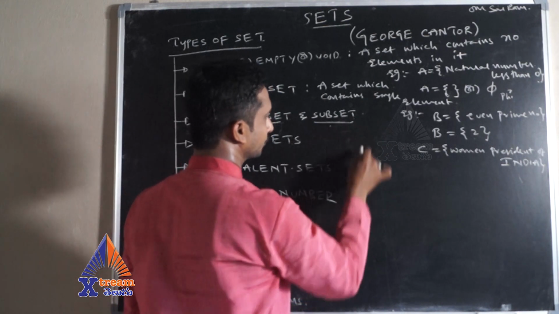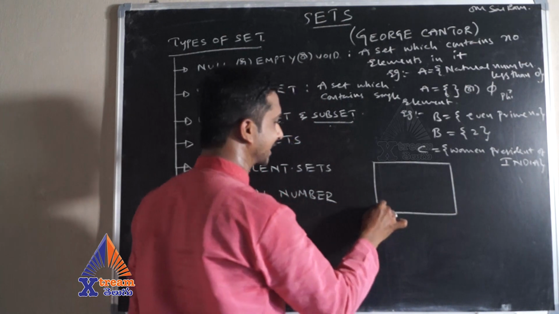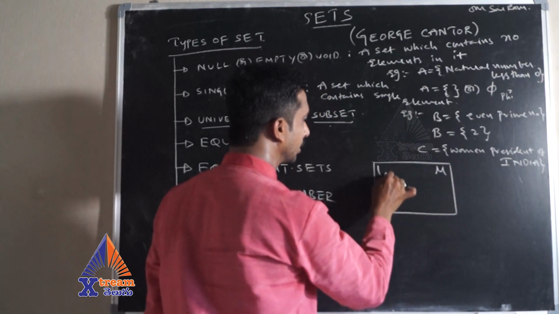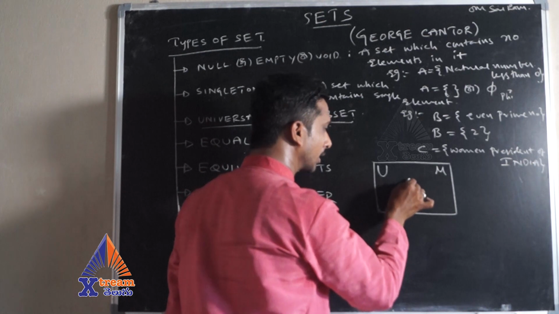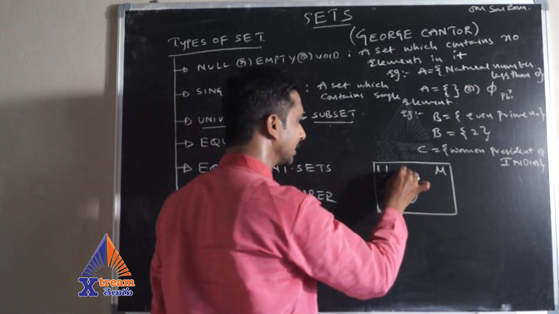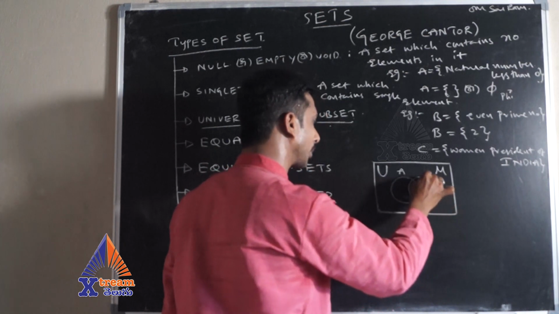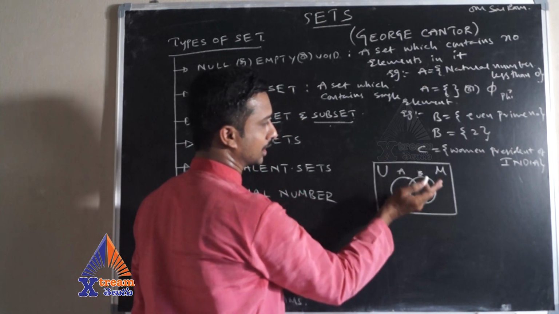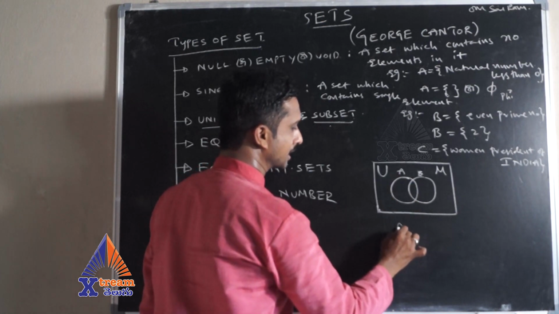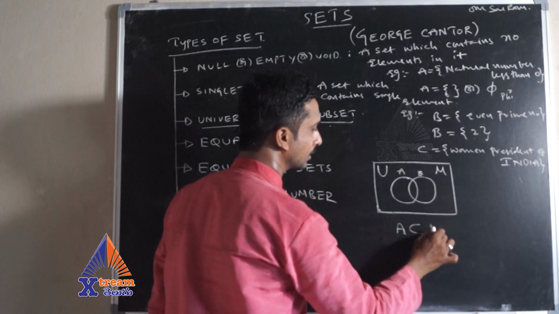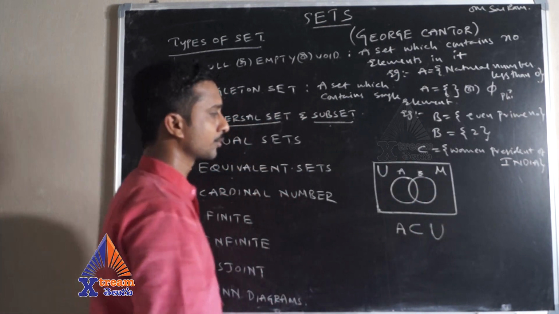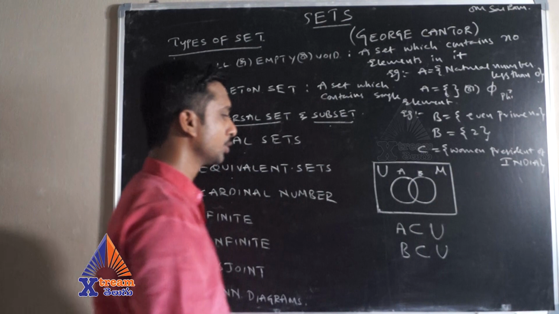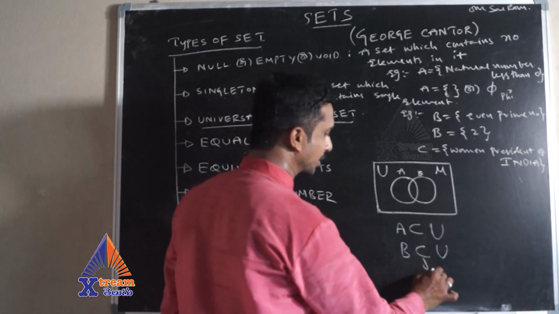Suppose this complete rectangle box is a universal set, which is denoted by mu or else capital U. Within that, I draw 2 overlapping sets, say A is one set and another set, overlapping means one upon the other, in this manner, this is B. So I can say A is a part of this full set, that is, A is a subset of universal set U, and B is also part of universal set U. This symbol indicates subset.